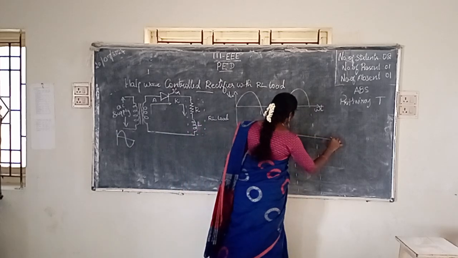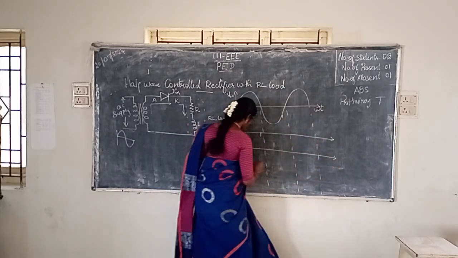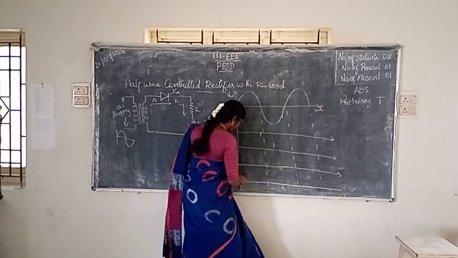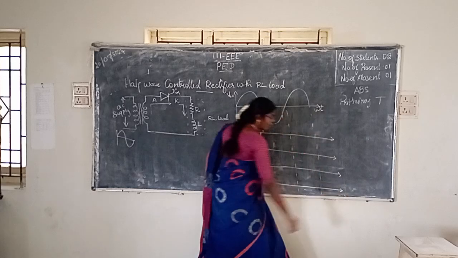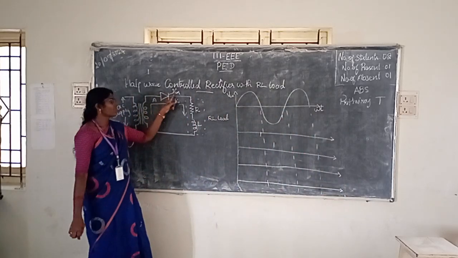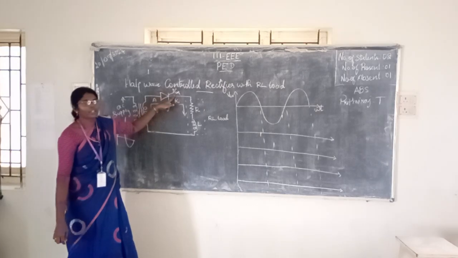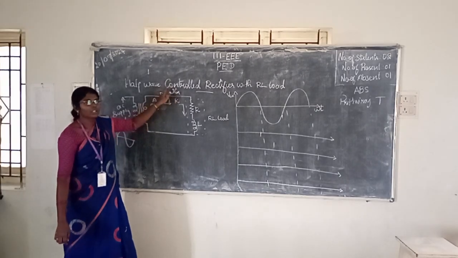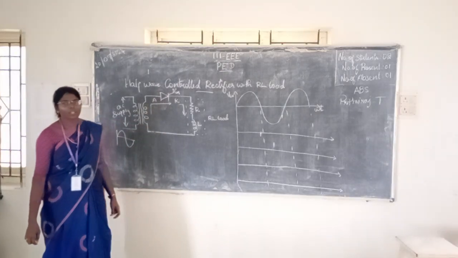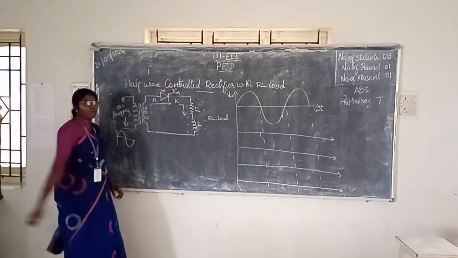Whenever we give a positive voltage supply, after giving the firing angle. Once the gate signal, or pulse, is given, the SCR turns on. We call this the firing angle, and it is denoted as alpha.